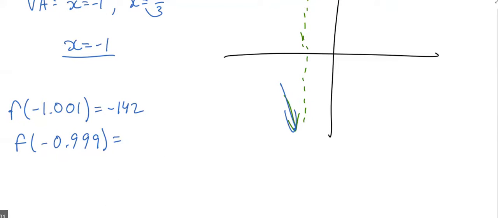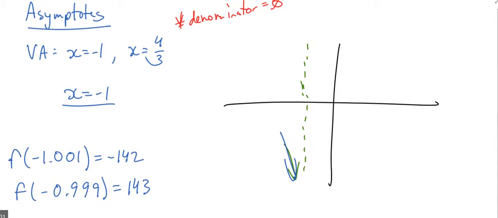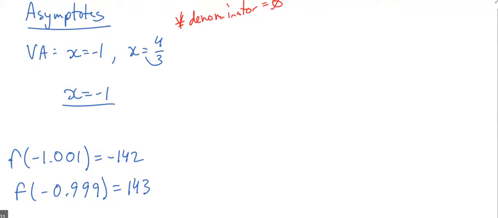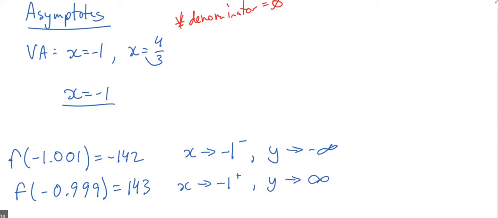So this one is 143. So from the other side, it's going up like that. So we're going to write this down: as x approaches -1 from the left, y is going to -infinity. As x approaches -1 from the right, y is going to +infinity.